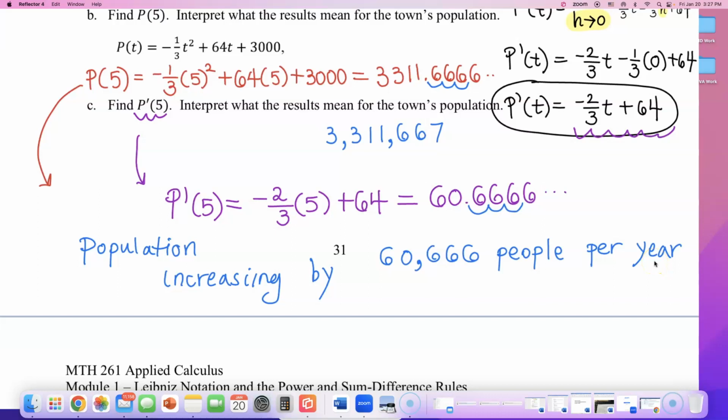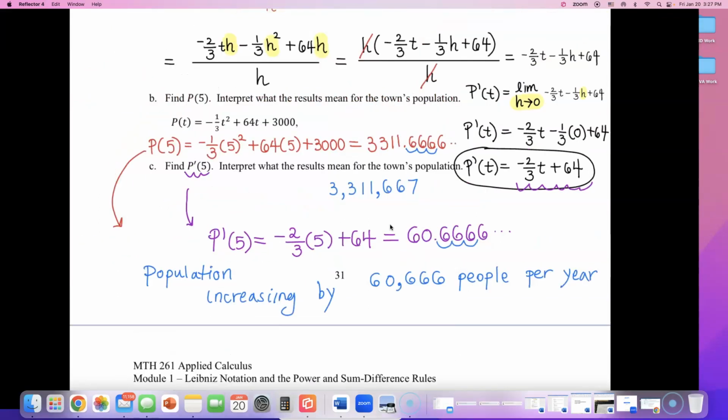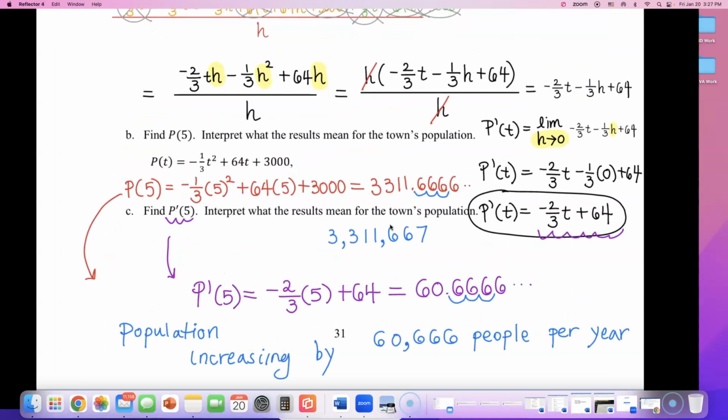Okay, that's what we can say. If this answer comes out to be negative, we can say that the population is decreasing by that number per year. But that's how you can find P of 5 and P prime of 5 and interpret the answers.